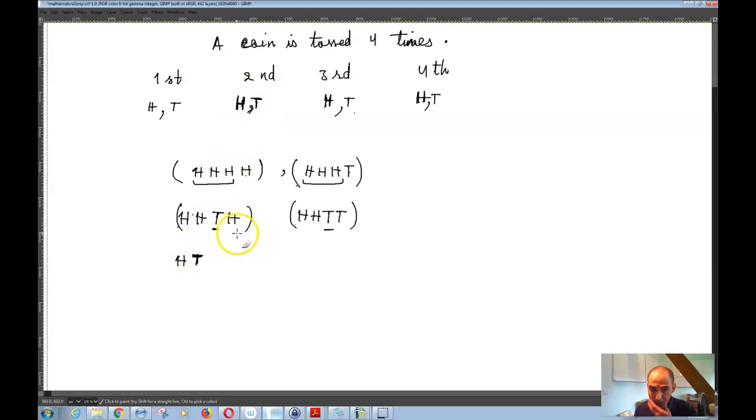then the problem is that I need to basically switch this one, meaning that I write H over HT over here, right?